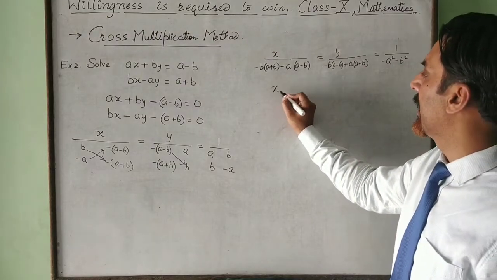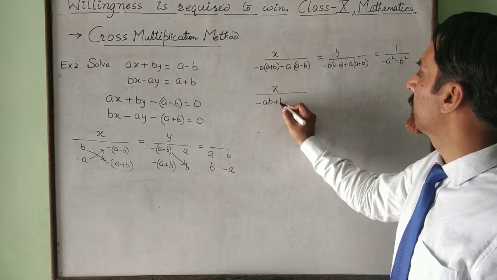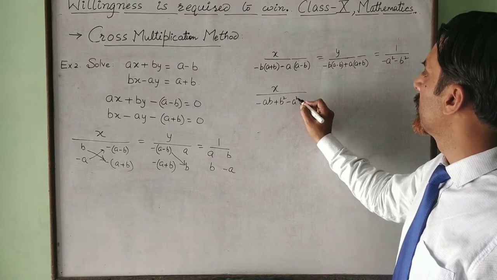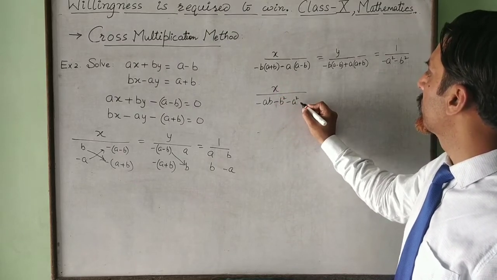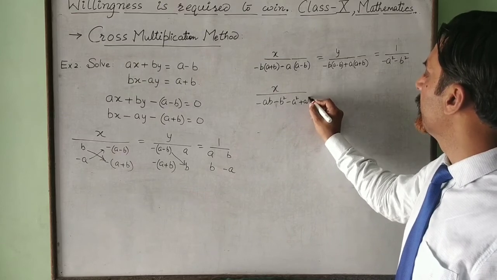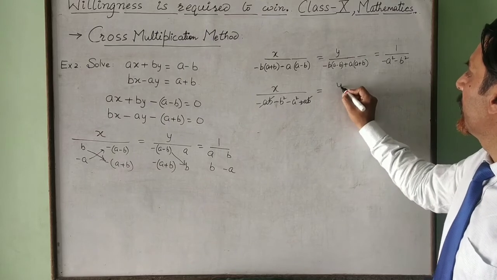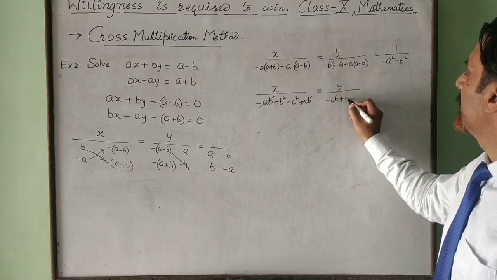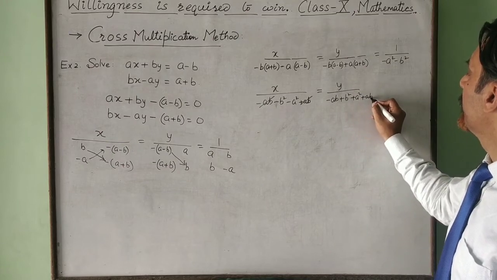So let us multiply. x upon minus ab plus b square minus a square, sorry, it is minus b square, minus a square, and then plus ab. So this ab will cancel out. Similarly, y upon minus ab plus b square plus a square and plus ab.